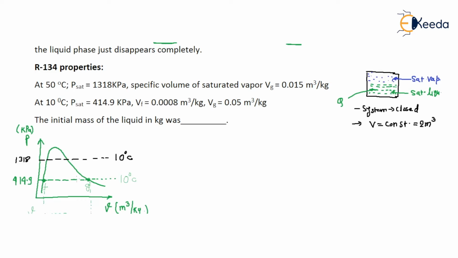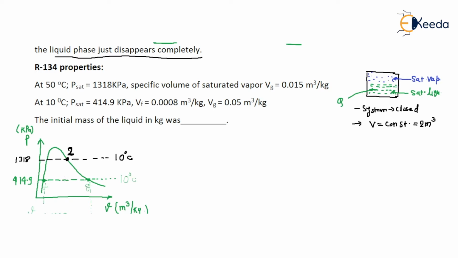It is heated until the liquid phase just disappears completely. That means in the system there is totally vapor, and the final point is here, where the liquid phase just disappears, at the saturated vapor line.